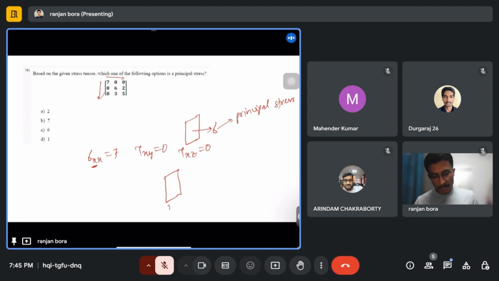So this is the x plane and there is only a normal stress which is 7, acting in this x direction, and this is y direction, this is z direction, and there is no shear stress in the y direction, 0, and no shear stress in the z direction, 0. So this 7 is a principal stress. That's why B is the answer.